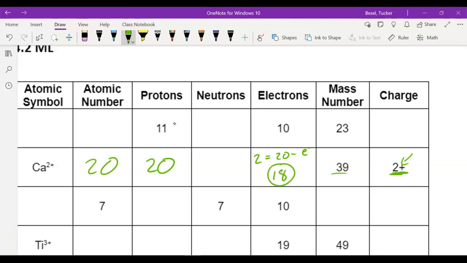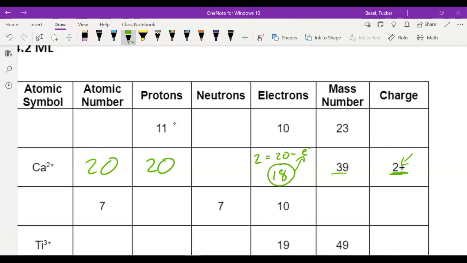So if I have 18 electrons, if I put in 18 there, 20 minus 18 is what gets me an overall charge of 2. There are a lot of ways you can think about this, but that's the way I'm just going to be going over this now. The way I usually think about this is like, okay, I've got 20 protons, my charge is 2 plus, so that means I have to have 2 less electrons than protons.